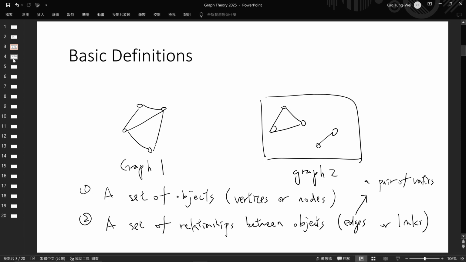So graph 1 is connected, okay? We haven't defined what a connected graph is, but we're going to define it later. But graph 2 seems not connected because we have a triangle and we have an edge here. Somehow they cannot connect to each other, right? So intuitively, this is a disconnected graph, and this is a connected graph, okay?